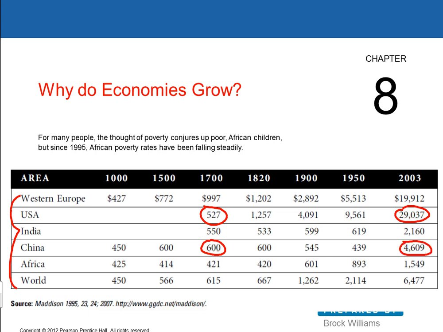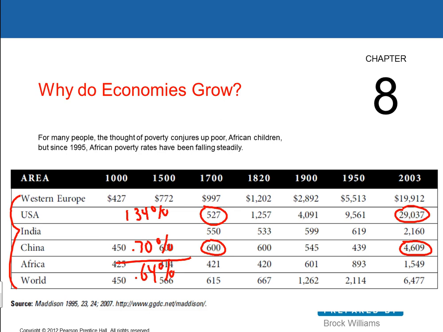Now, if you do the math, the growth rate per capita was 1.34% in the USA, and it was approximately 0.70% in China. So that's a difference of about 0.64%.